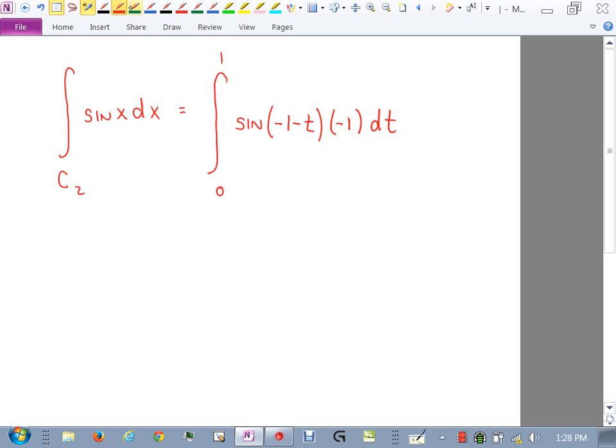You could do a u sub. If this is u, then that's du right there, isn't it? So I'm doing the antiderivative of sine of u, which is negative cosine u. So this should be negative cosine of u, but u is negative 1 minus t. Evaluate that from 0 to 1.